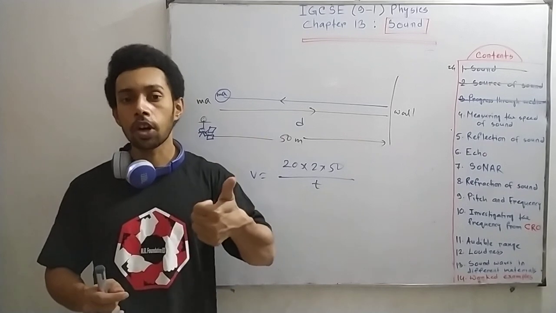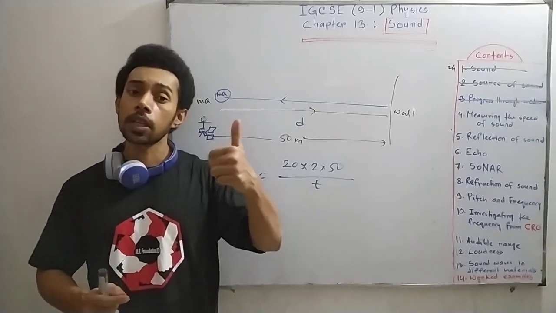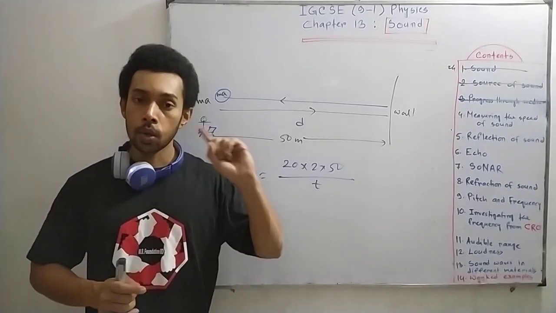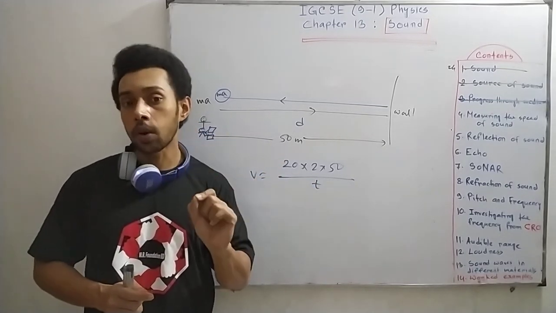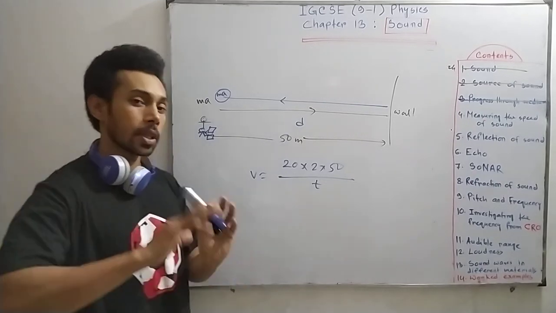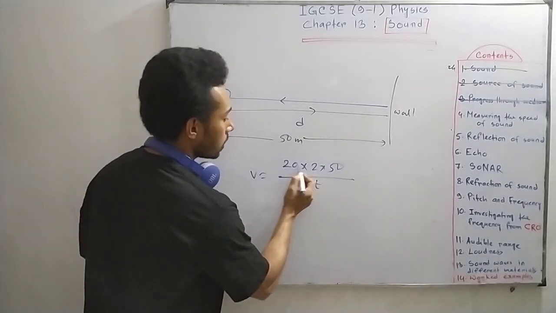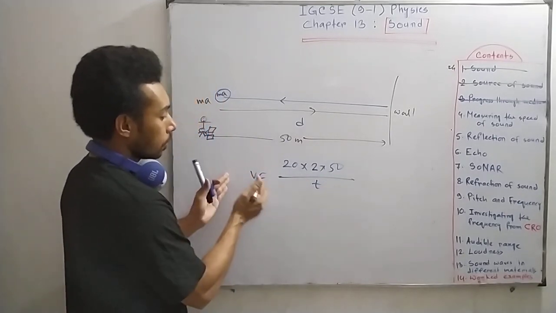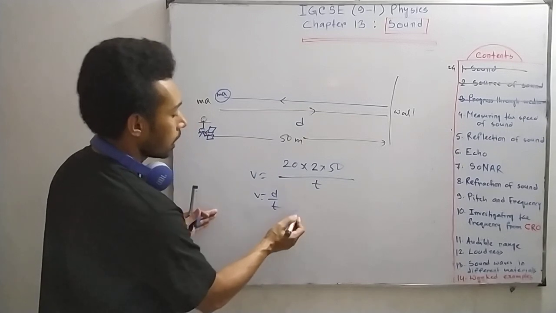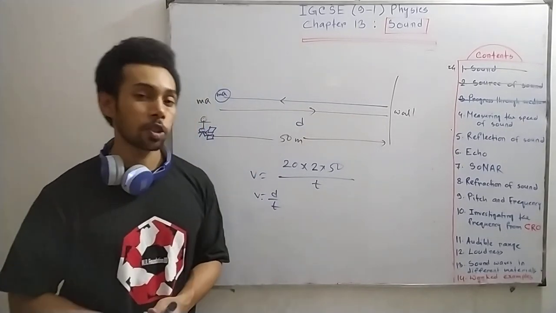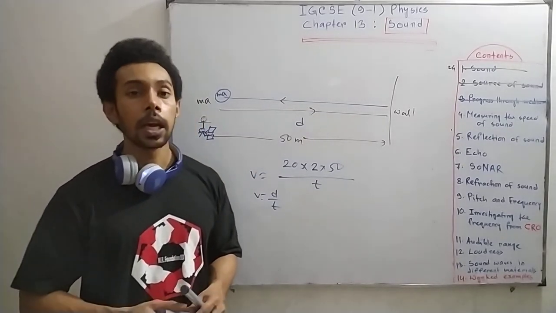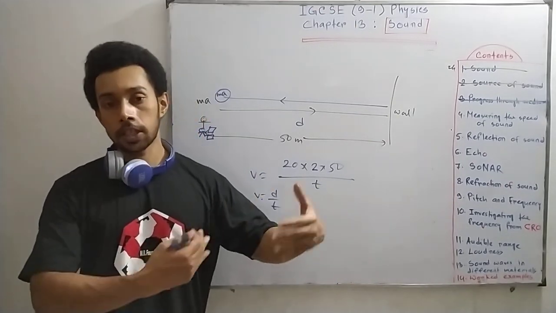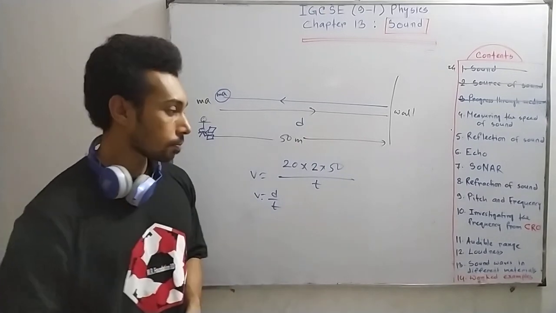You start the stopwatch when he or she first produces the sound, and stop the stopwatch when the 20th echo is heard. By this time the sound will have traveled 20 × 2 × 50 meters, and the time recorded will be t. Using the equation v = d/t, you will be able to measure the speed of sound more accurately, having less reaction time error and less percentage uncertainty.